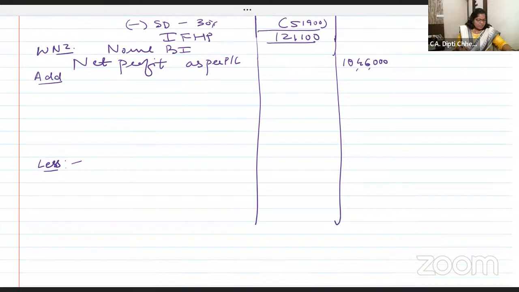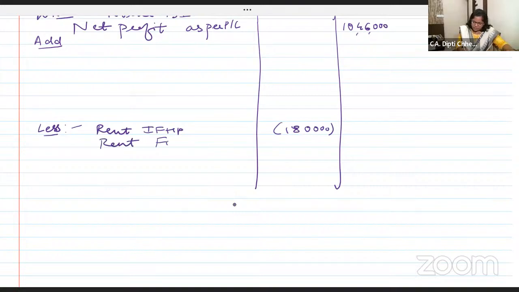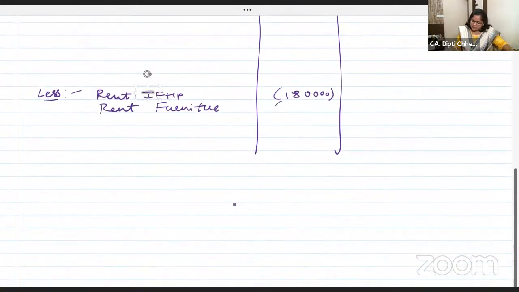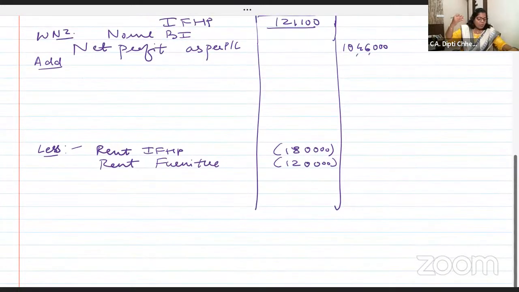Now remove all the kachra, that is, on the credit side. They have given the rent of income from house property, which is taxable in another head. Remove it from here. Then the rent of the furniture also you remove from here, because that is also taxable separately. Okay, right. Now all the sales are account payee, so that is done. Opening stock is overvalued.